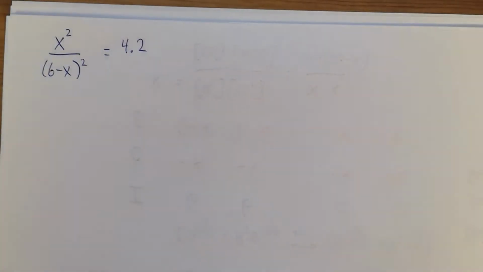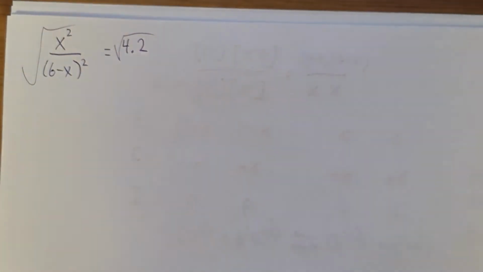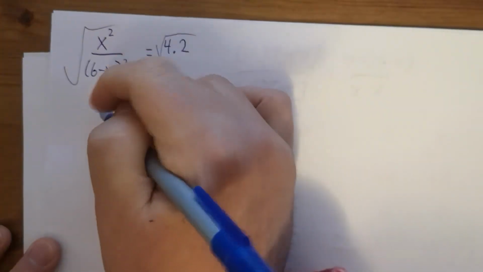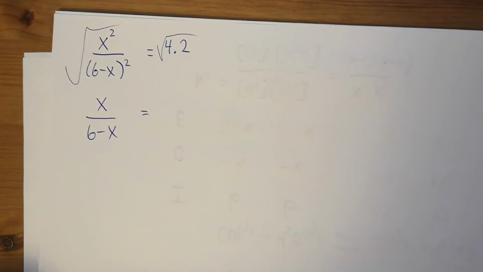In Chemistry 30, it says right in the curriculum, you never have to solve quadratics unless it's simple. You never have to use the quadratic equation, I should say. All right. This one's going to be real easy. If we take the square root of both sides, we get rid of those exponents. So I'm going to get x over 6 minus x equals the square root of 4.2. Let's find out what that is.